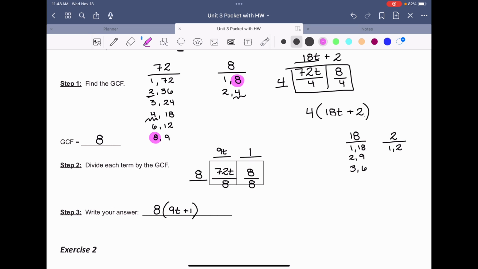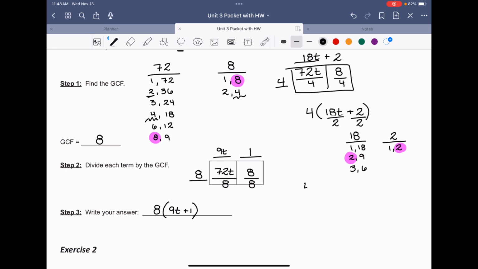Well, when I look here, they have something in common still. So that means that I did not properly factor this as much as it can be. But I can go ahead and just take out a 2 from what I have left over. I don't have to go back and restart.